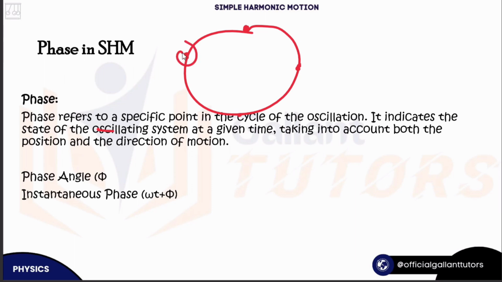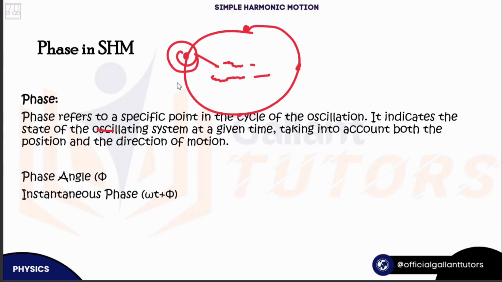If it's here, it gives details: this is the specific point at which it is, and the time at which it's at this position. It puts our oscillation in perspective. So phase refers to the specific point in the cycle of the oscillation, indicating the state of the oscillation at a given time, taking into consideration both the position and direction of motion.